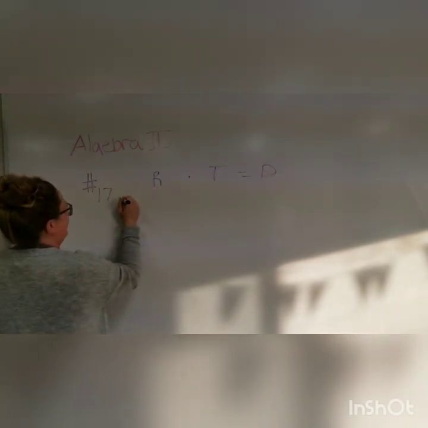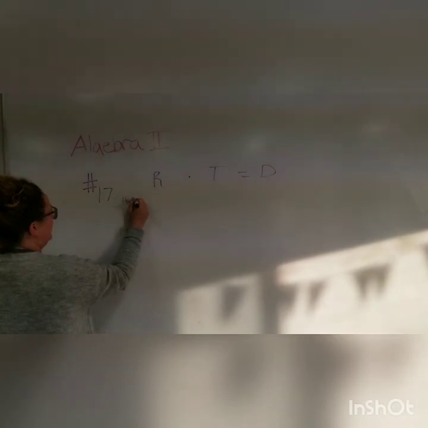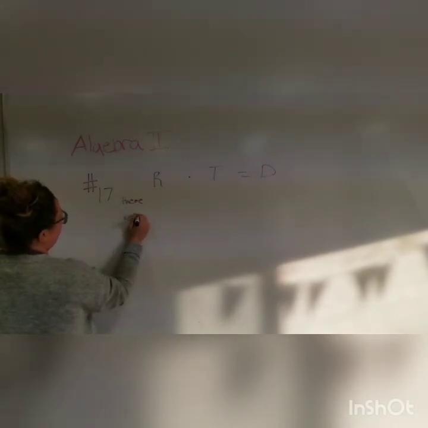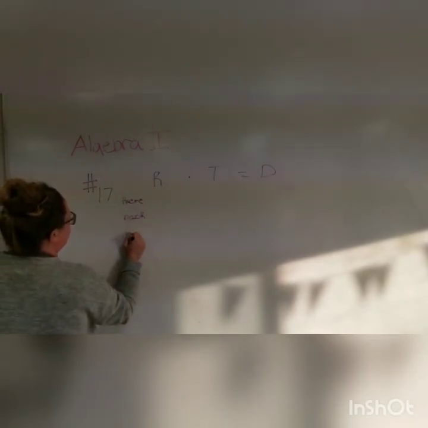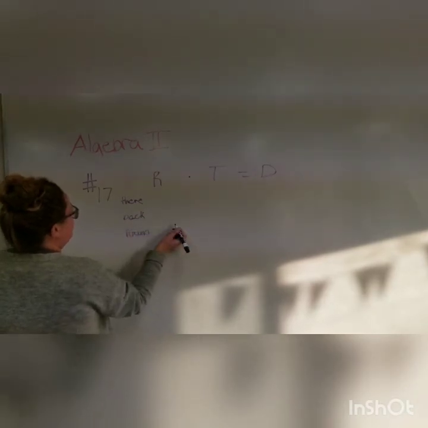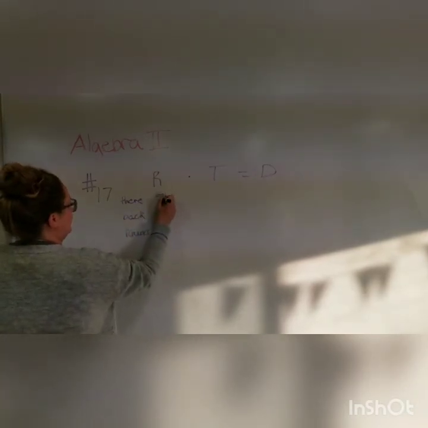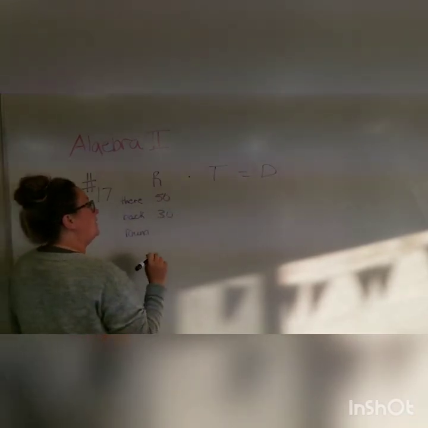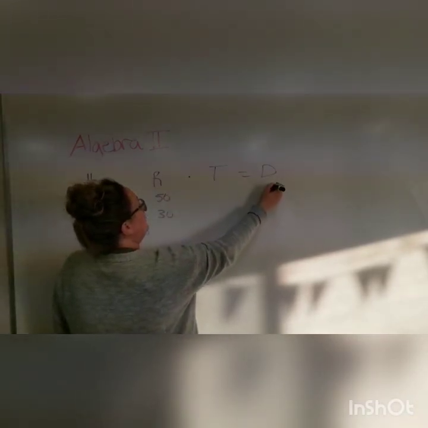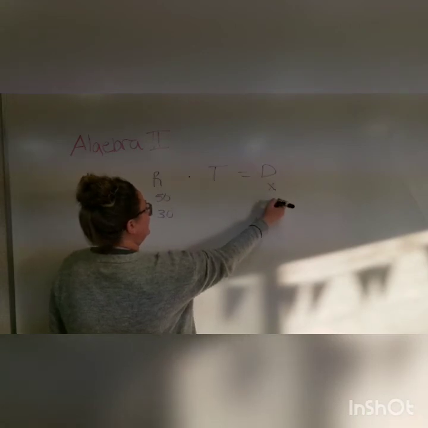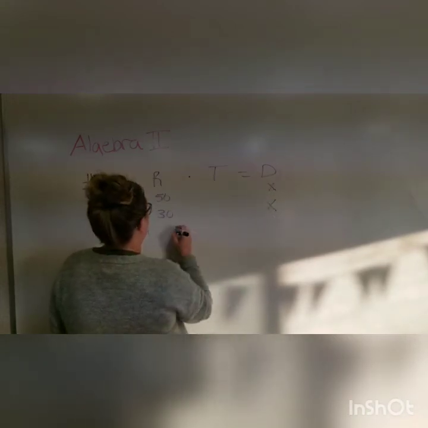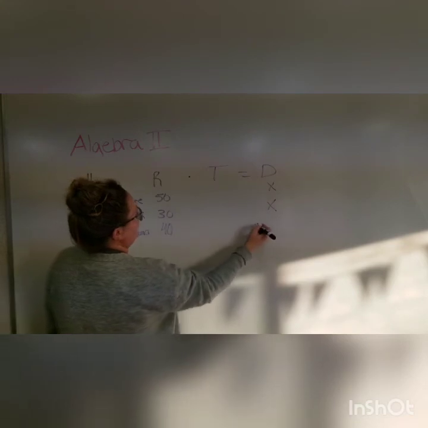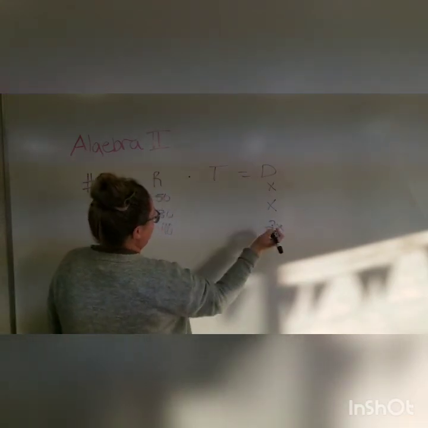Okay, so we're going there, back, and then there's also a round trip. The rate there is 50 miles an hour. The rate back is 30 miles an hour. They want to know the distance, which is x, and then the round trip, if you went 40 miles an hour, would be twice the distance, so it's 2x.